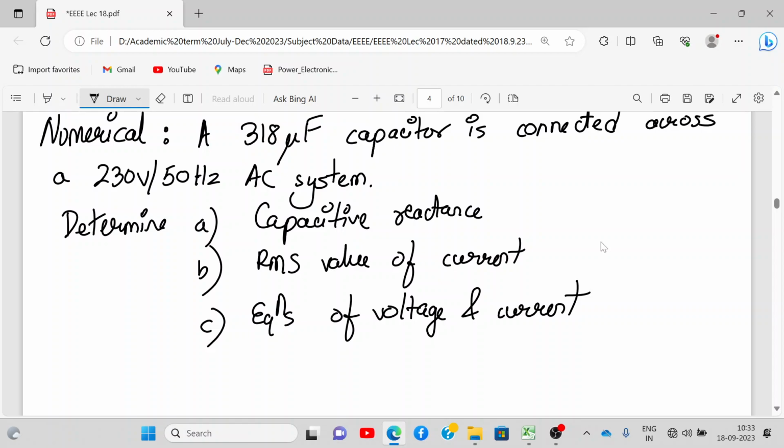A 318 microfarad capacitor is connected across 230 volt 50 hertz AC system. Determine capacitive reactance, RMS value of current, equations of voltage and current.